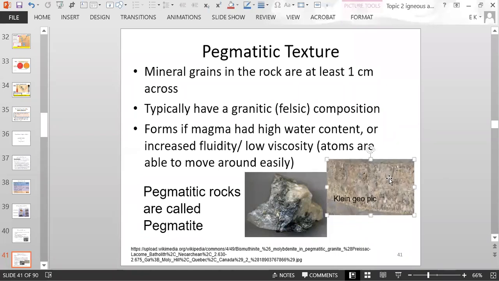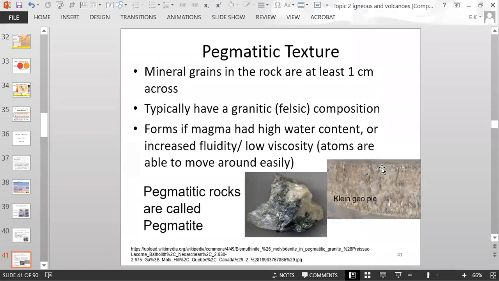And this is an example from Orchard Beach, which is in the Bronx in New York. And this was this large pegmatite. It's a little difficult to see in the photo, but there were large crystals in there. So rocks that have a pegmatitic texture are called pegmatite. That's the rock name, a pegmatite.